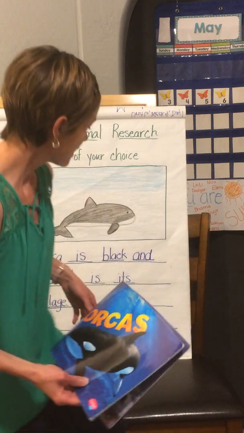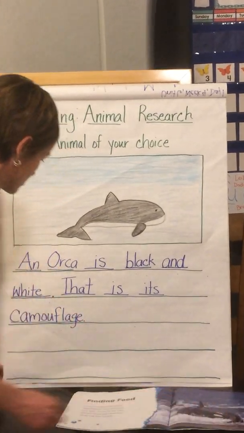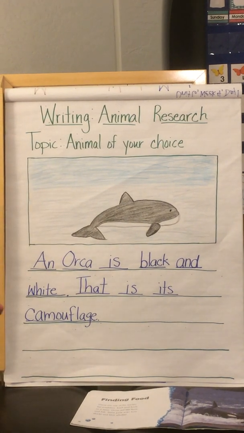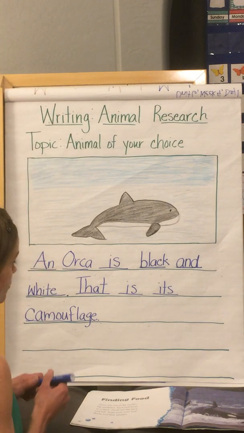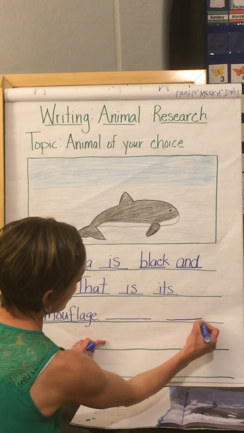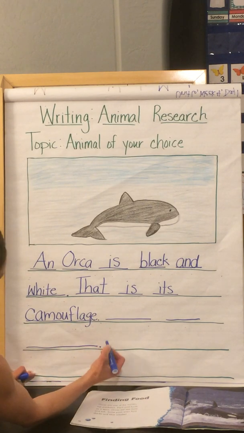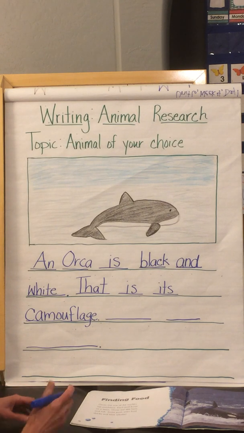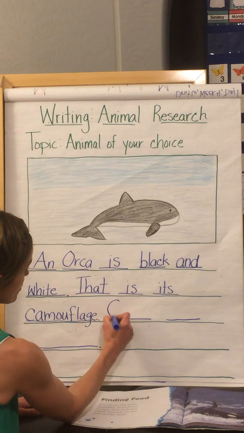So I have my animal research paper from last week. And I want to add that orcas are predators. When I write that, I know that I need 3 lines. Orcas are predators. And then I can put my period there. So orca, I've already written that word a few times.